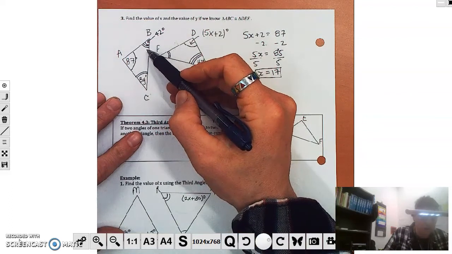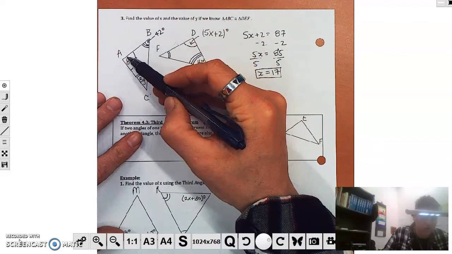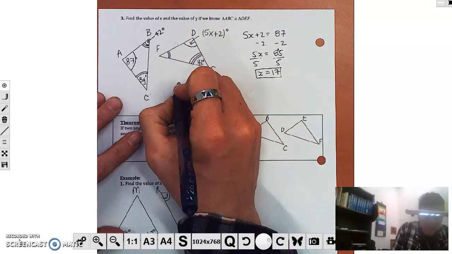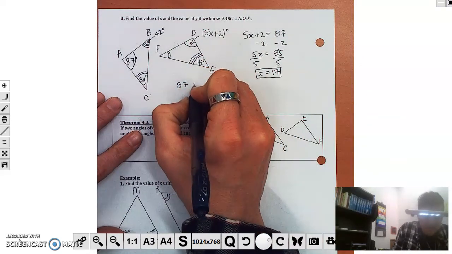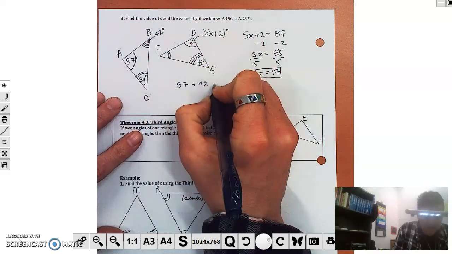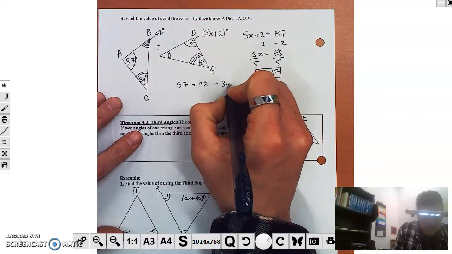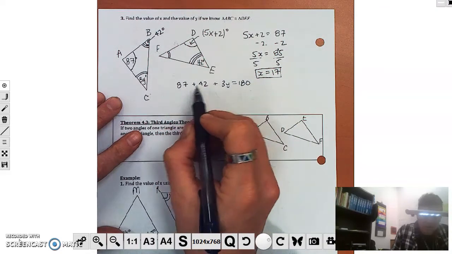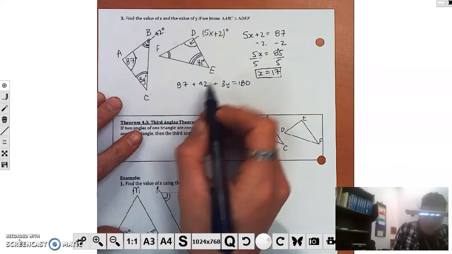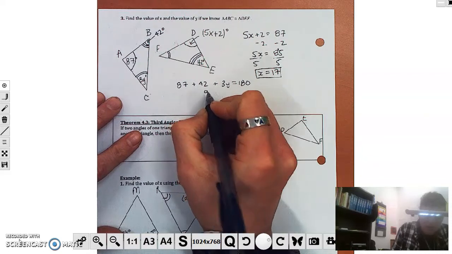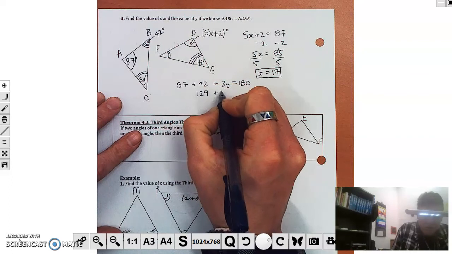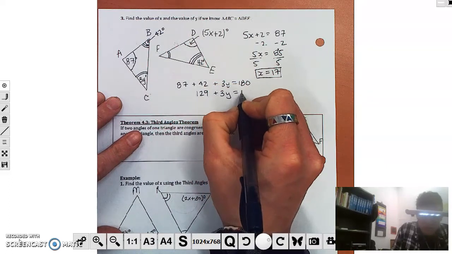And we know that all of the angles of the triangle must add up to 180. So 87 plus 42 plus 3y equals 180. 87 and 42, 7 and 2 is 9, 4 and 8 is 12, so 129, plus 3y equals 180.